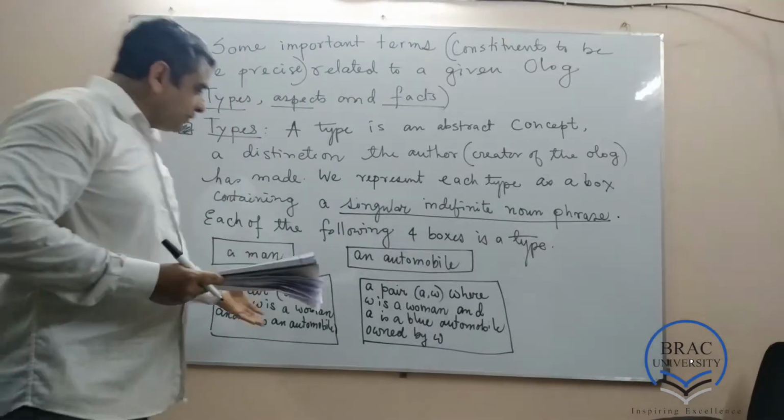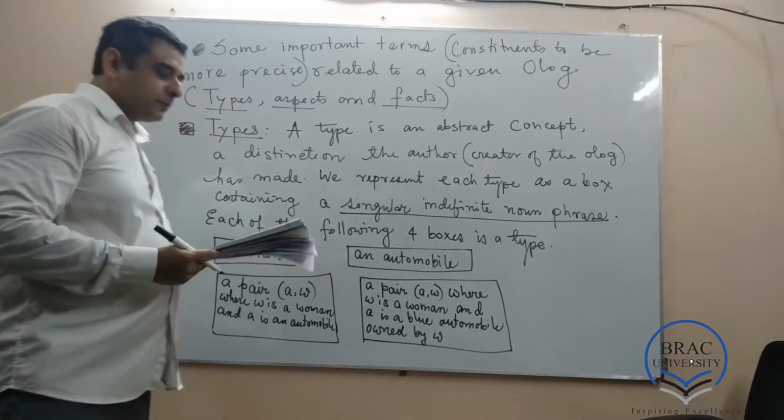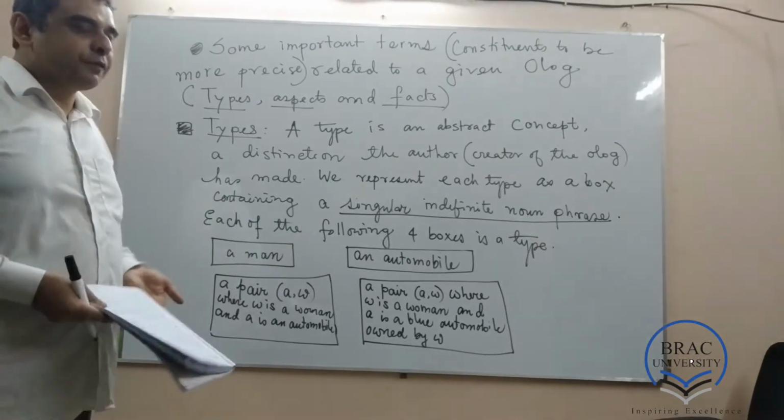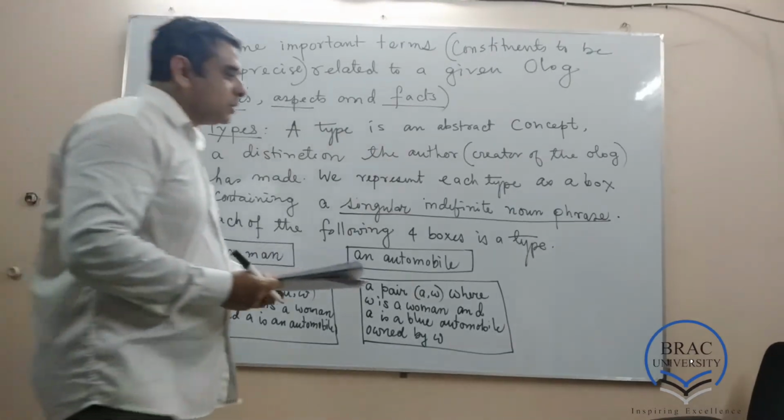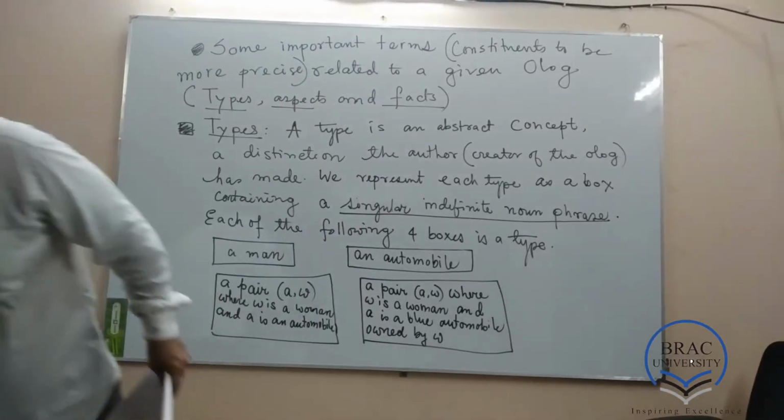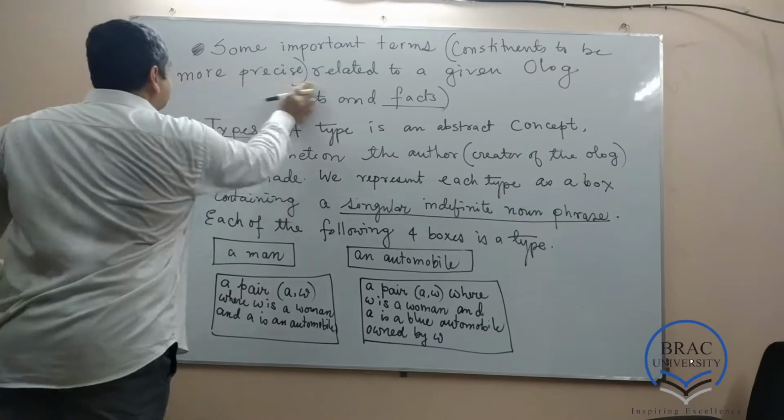So each of these four boxes represents a type of thing, a whole class of things.